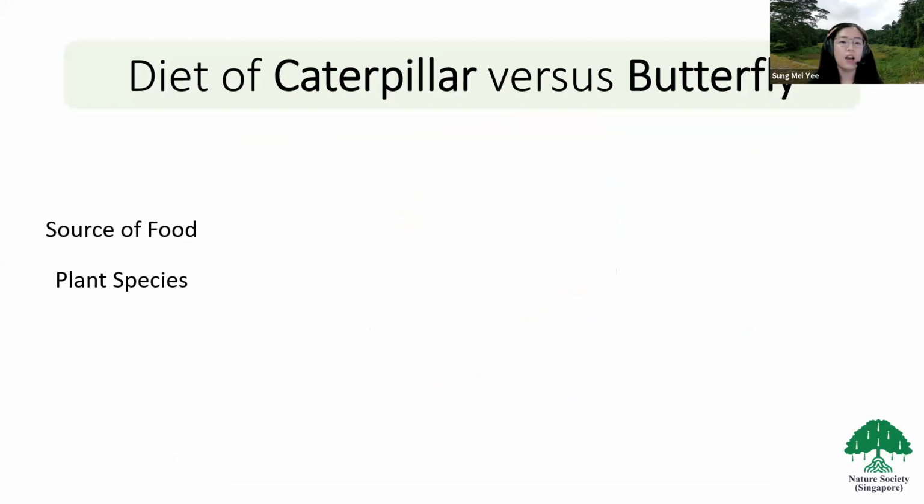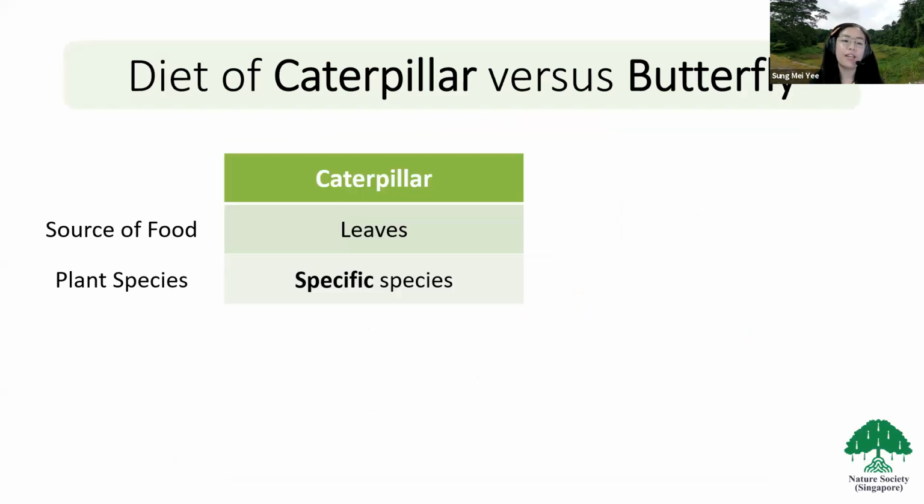For caterpillars, their main source of food is the leaves of the plants on which their eggs are laid, and they usually feed on leaves from specific species.